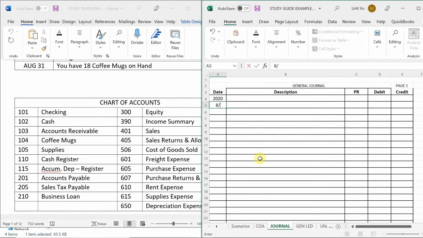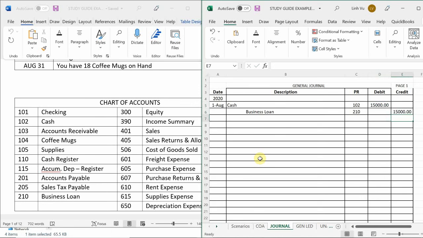It is August 1st. And we're going to do business loan and cash. Okay. Business loan is 210, and cash is 102, for $15,000.